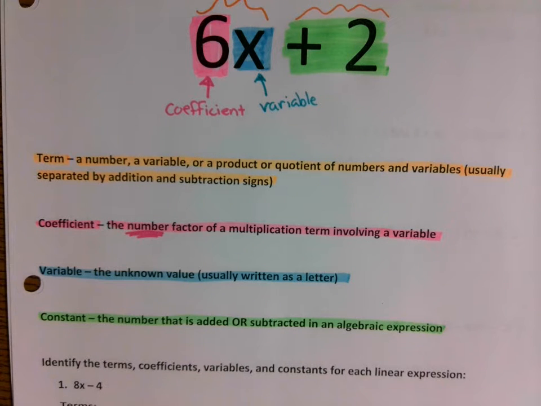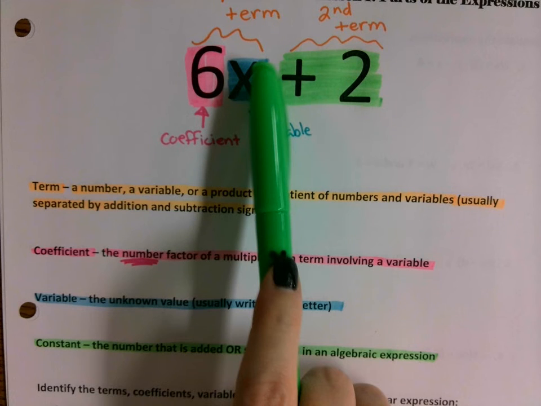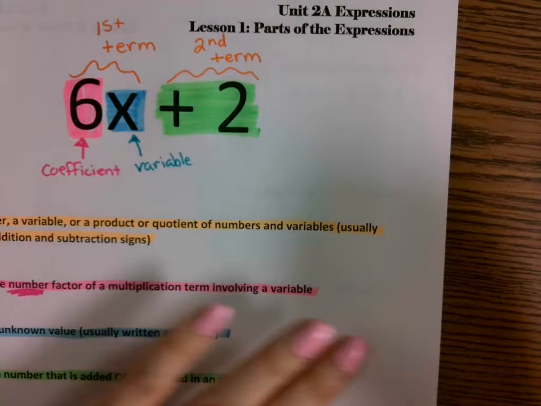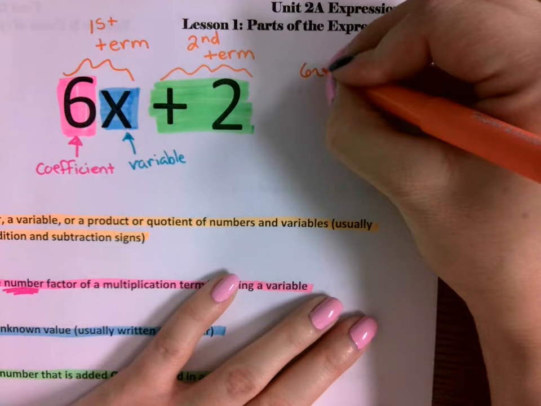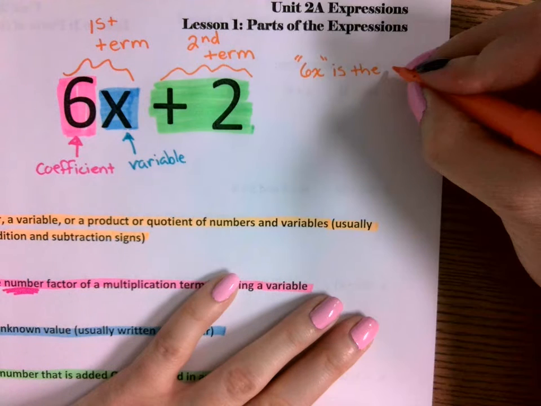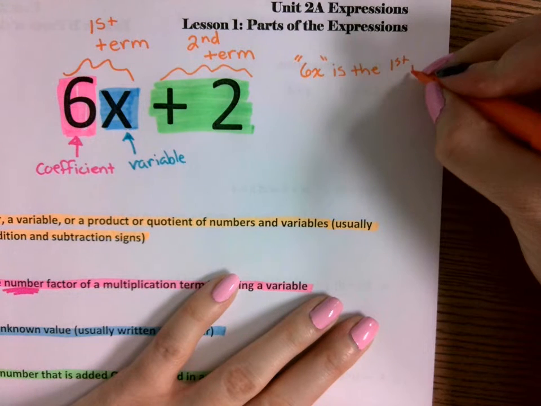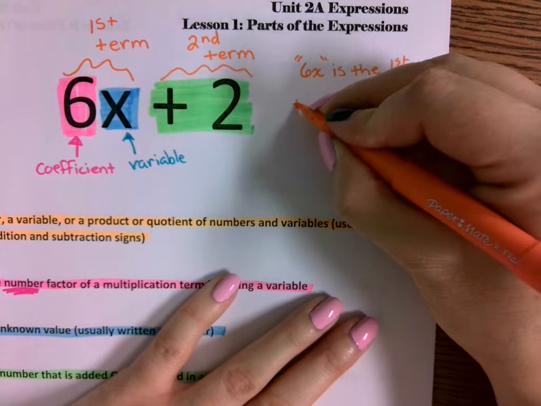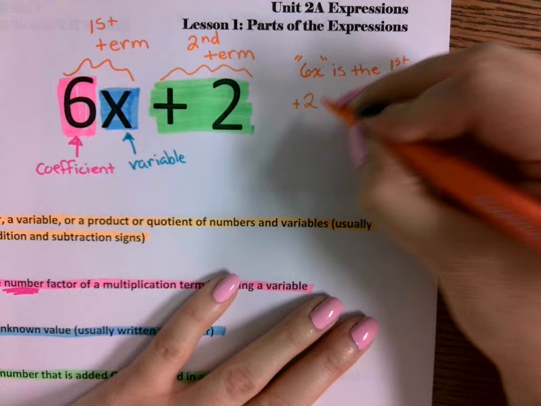So we've got our terms. 6x is a term, so if you want to write that off to the side, 6x is the first term. Positive 2 is the second term.